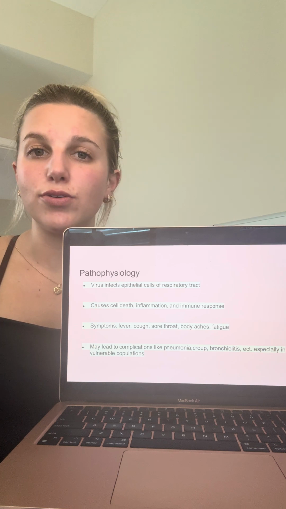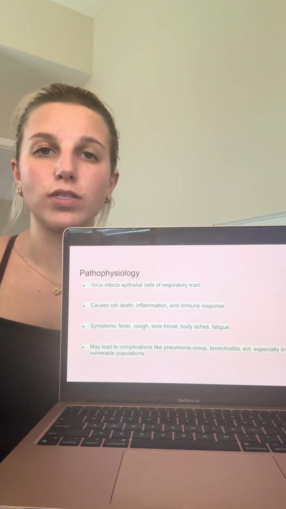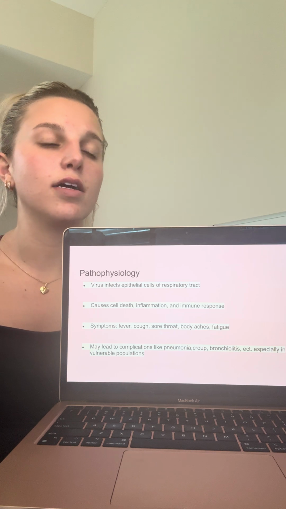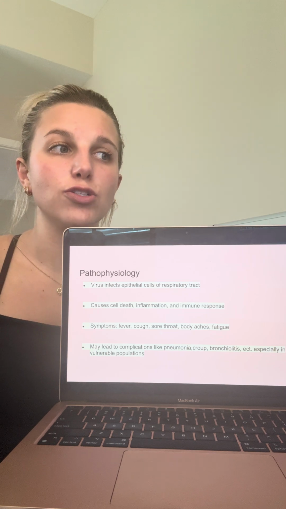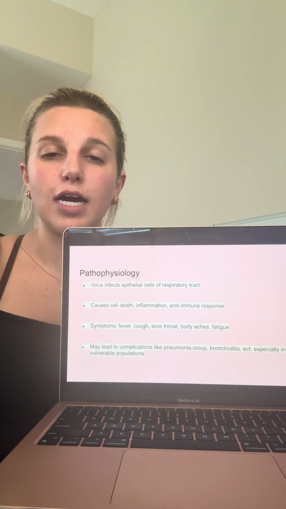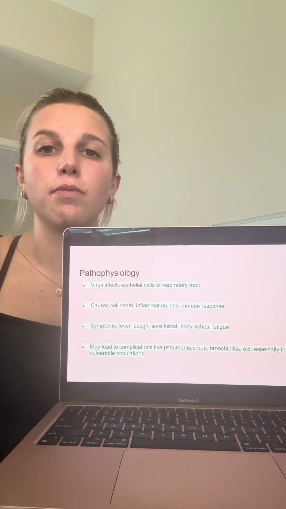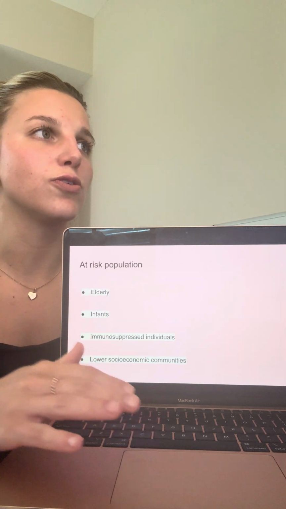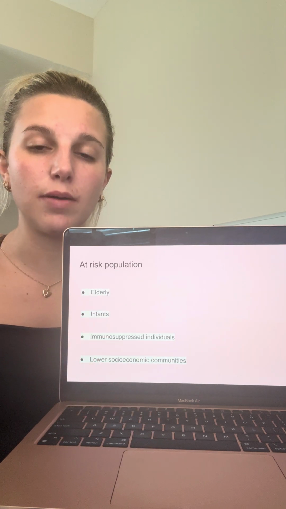That's not to say you couldn't have more symptoms or less symptoms. This is just what we hear of more times than not. And then these may lead to more complications such as pneumonia, croup, bronchitis, and we see this especially in our more vulnerable populations.